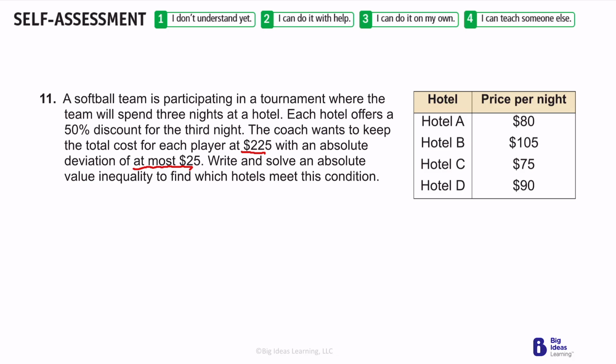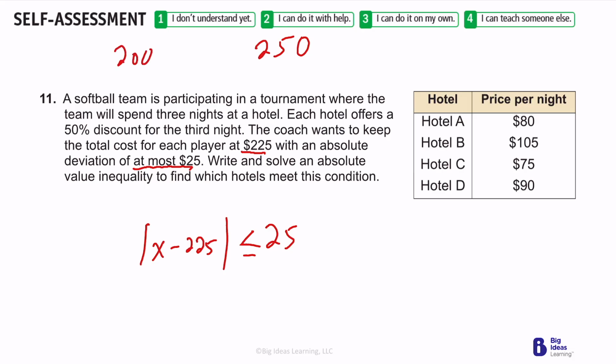So what you're going to do is absolute value, x minus 225, less than or equal to 25, which basically means you're going to add 25 and subtract 25. So he wants no more than 250, but no less than 200. So your total cost has to fall in between those two to qualify.